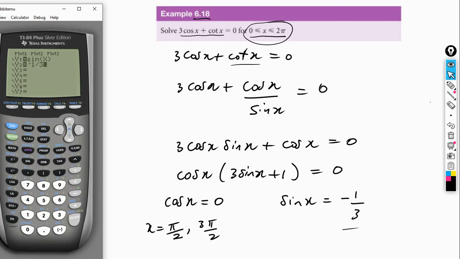The domain could be right here between 0 and 2 pi. So window, x will go from 0 to 2 pi. And then the range of the sine function is normally between -1 and 1. But let's use -2 and 2 just to have a little bit of a bigger window. So now we're ready to graph.